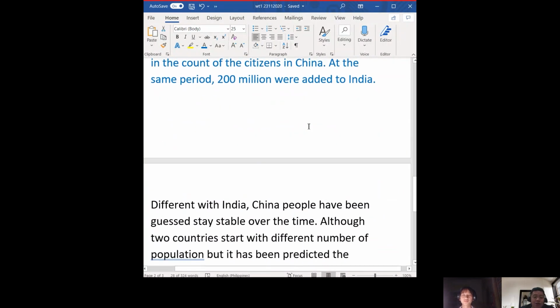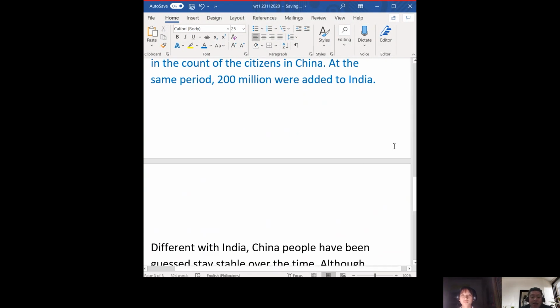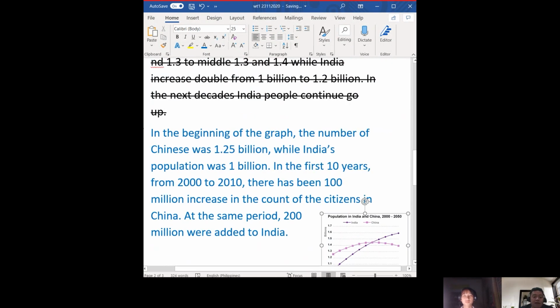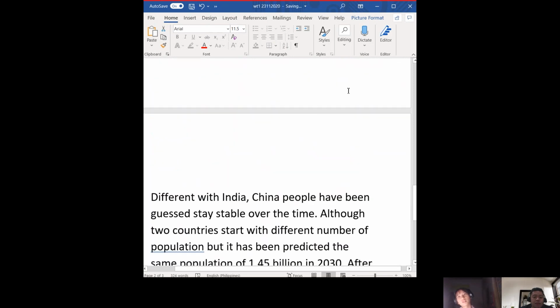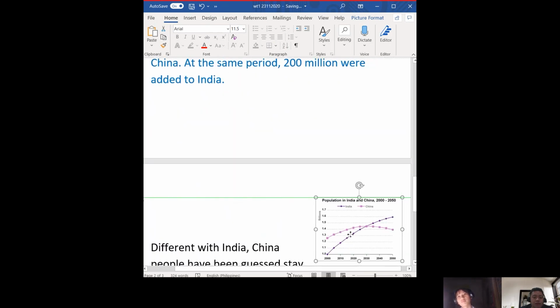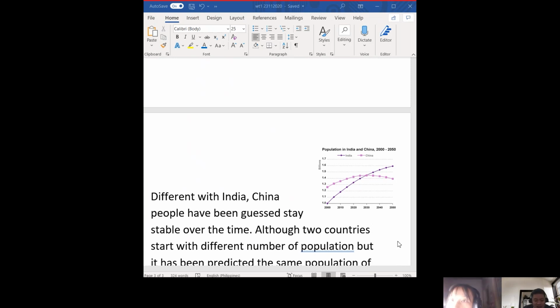Now, we have to create a second paragraph. What are the things that we have to talk about? Try to look at that. In 2030, they have the same number, right?